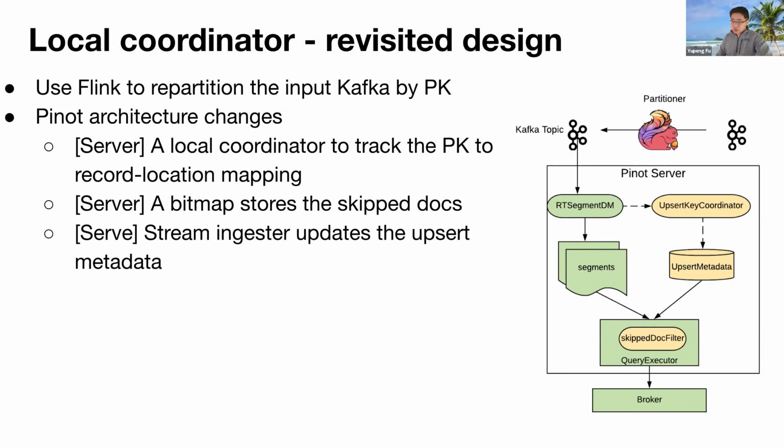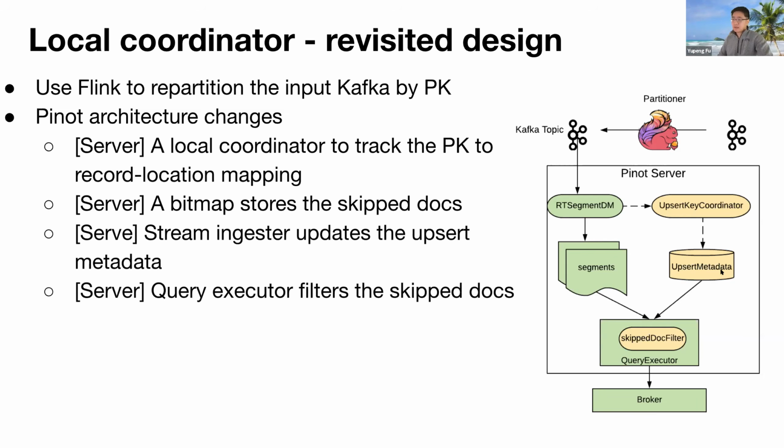And next, we need to change the stream ingestion part to correctly update the metadata per record, as you can see here. And as mentioned, the query executor should also be aware of this information and use it to process queries correctly.